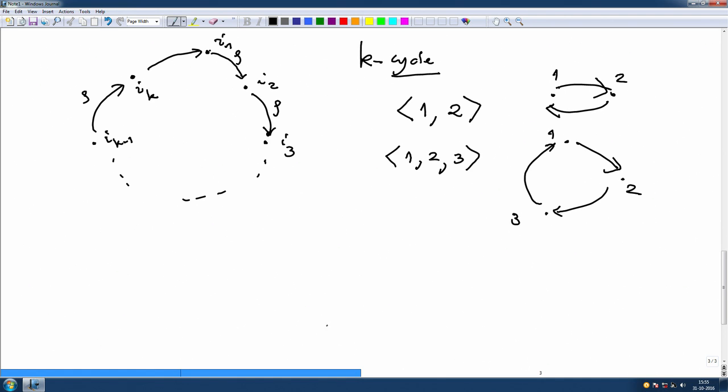So, these are very important in the description of an arbitrary permutation.